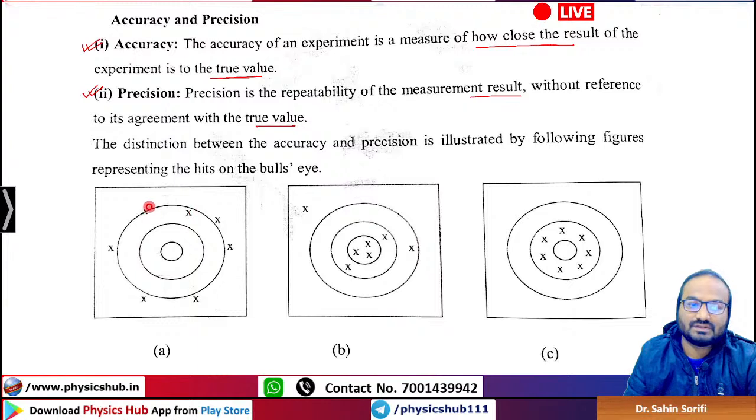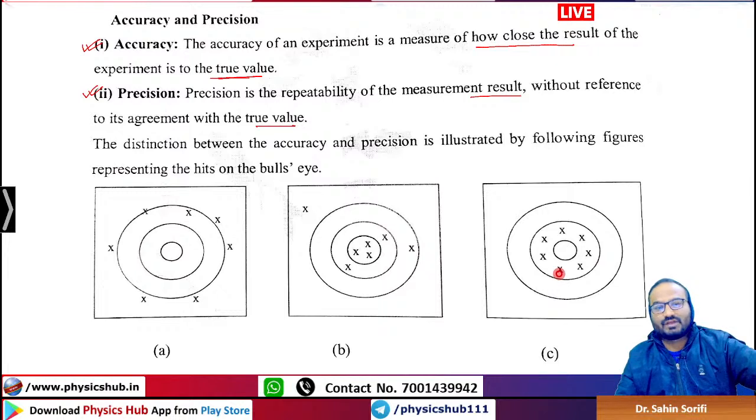The radius is constant, but it is far away from the true value. In the next, most of the values are near the bull's eye, and a few values are scattered. And here, most of the values are around the true value.